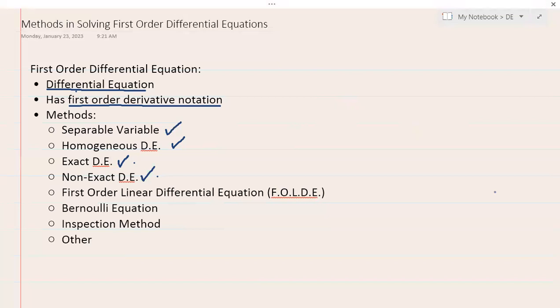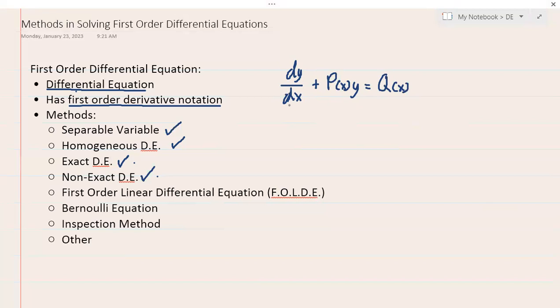So first order linear differential equation or tinatawag natin na FOLDE. Okay? Ang formula nito actually is this one. Okay? dy all over dx plus P of x times y is equal to Q of x. Okay? Ito yung formula ng first order linear differential equation.